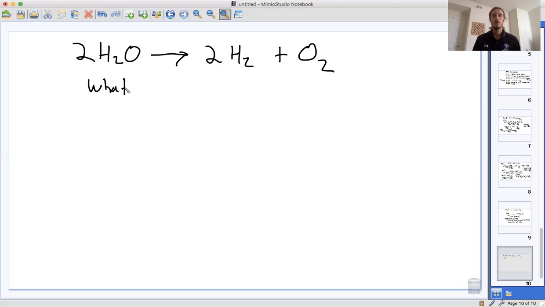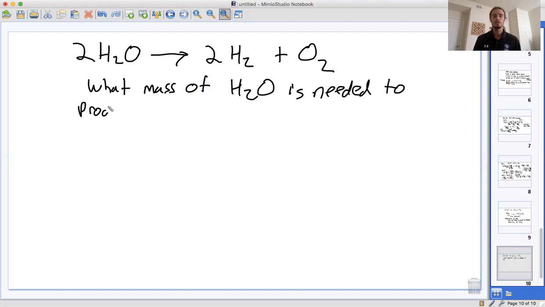What mass of water is needed to produce 100 grams of H2?